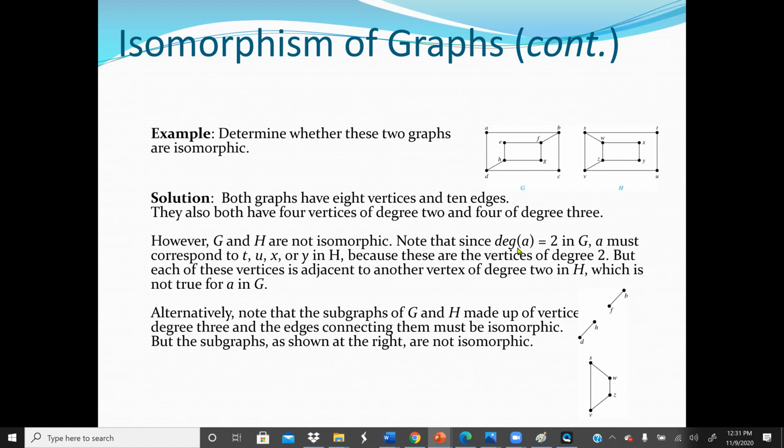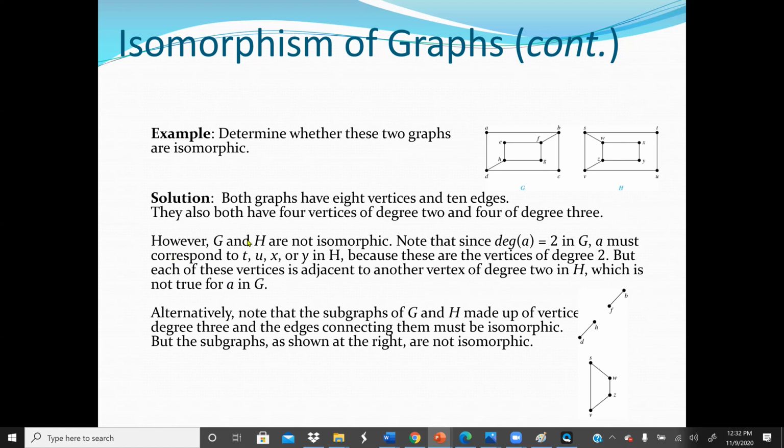We should know that since degree of A is equal to 2 in G, the correspondence of the neighbors of A, T, U, and S must be the same.